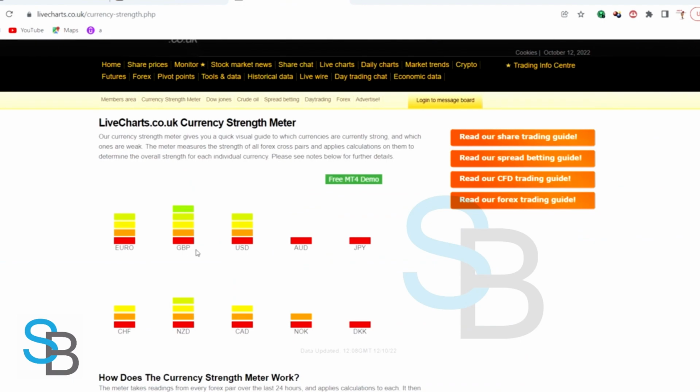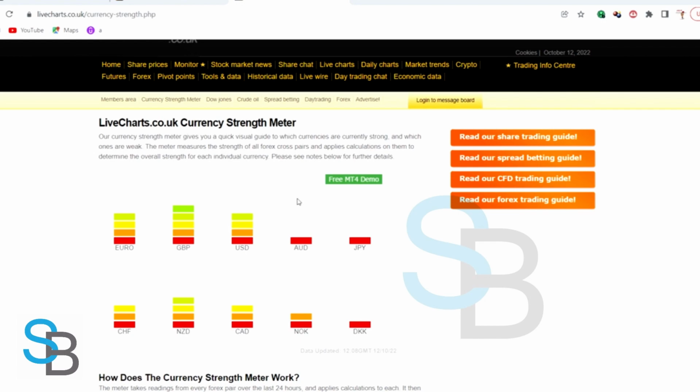Looking at this tells me that if I buy GBPUSD, it's going to be harder for the trade to proceed in my direction. Why? Because GBP is the strongest and USD is not weak. USD is the next strongest, not as strong as GBP, but a little bit stronger, which means it's going to give quite much resistance to my movements going up.